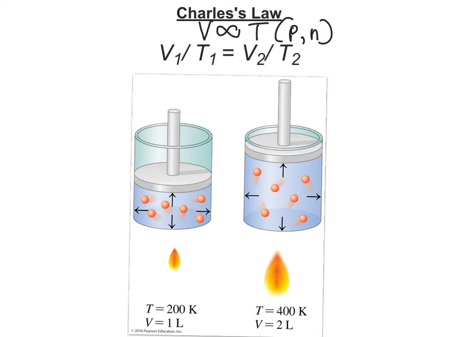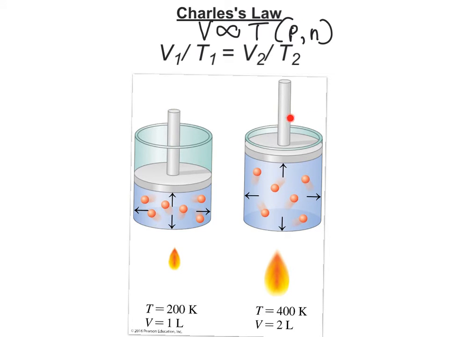A direct relationship is one in which the related properties increase or decrease together. For two conditions, initial and final, we can write Charles' law as V1/T1 = V2/T2, the initial volume over the initial temperature is equal to the final volume over the final temperature.